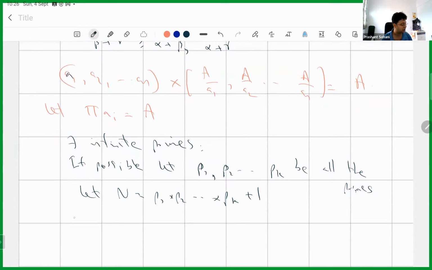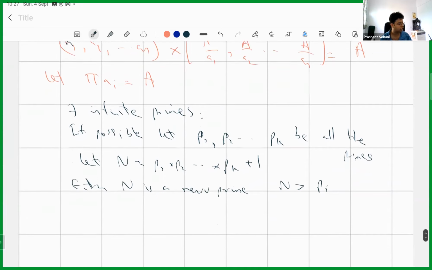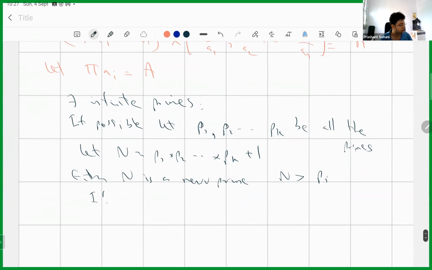And this itself is sufficient to prove it. Basically, either n is itself a prime. So it will be a new prime which is not in the list, because n is definitely greater than all the Pi, right? So if n is a prime number, it's a new prime number. So we have extended our list by 1, which is a contradiction to the finiteness. Or if n is composite, then also you see a problem, right?